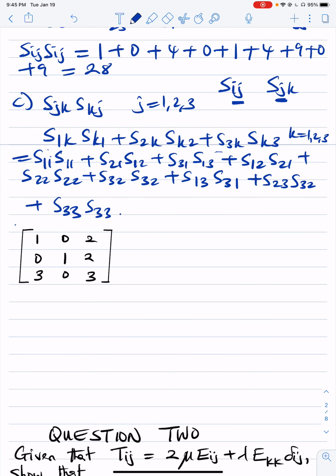So let's sum all of this we've written up. S11 is 1, S11 times 7 is 1, S21 is 0, 0, that's row 2, column 1.